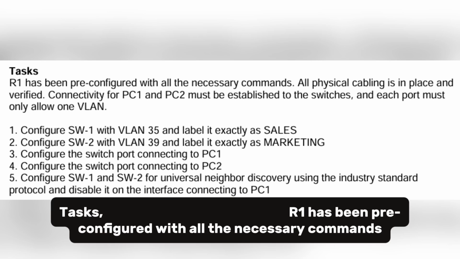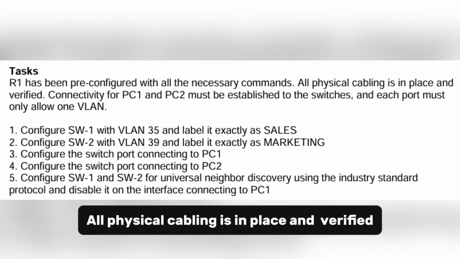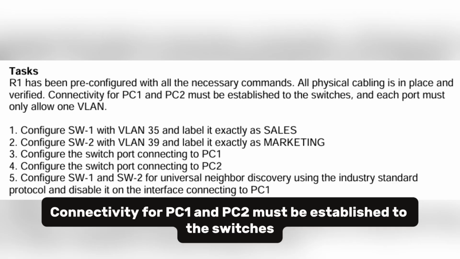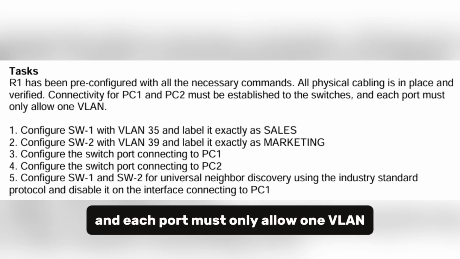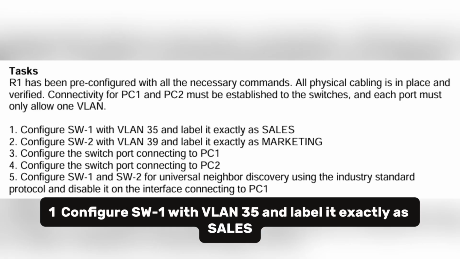Tasks. R1 has been pre-configured with all the necessary commands. All physical cabling is in place and verified. Connectivity for PC1 and PC2 must be established to the switches, and each port must only allow one VLAN. 1. Configure SW1 with VLAN 35 and label it exactly as sales. 2.